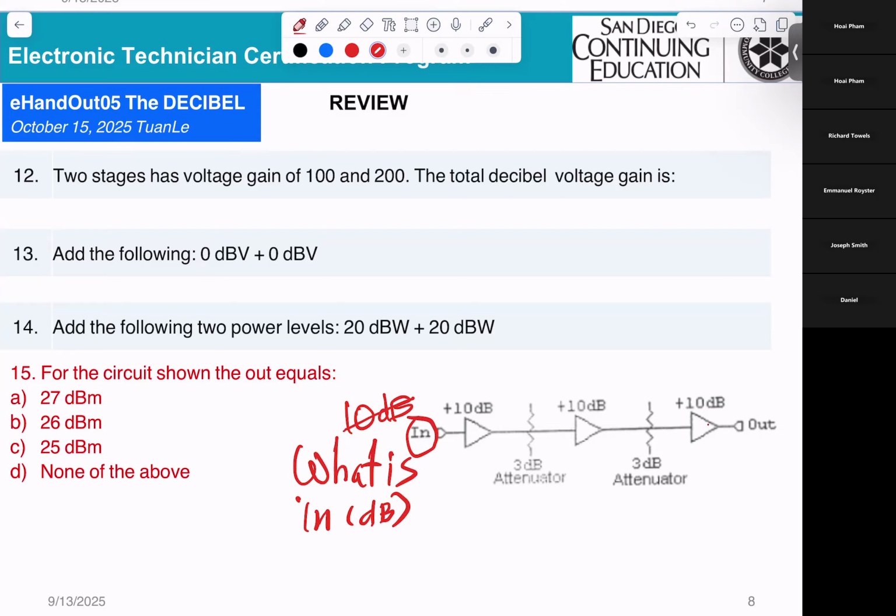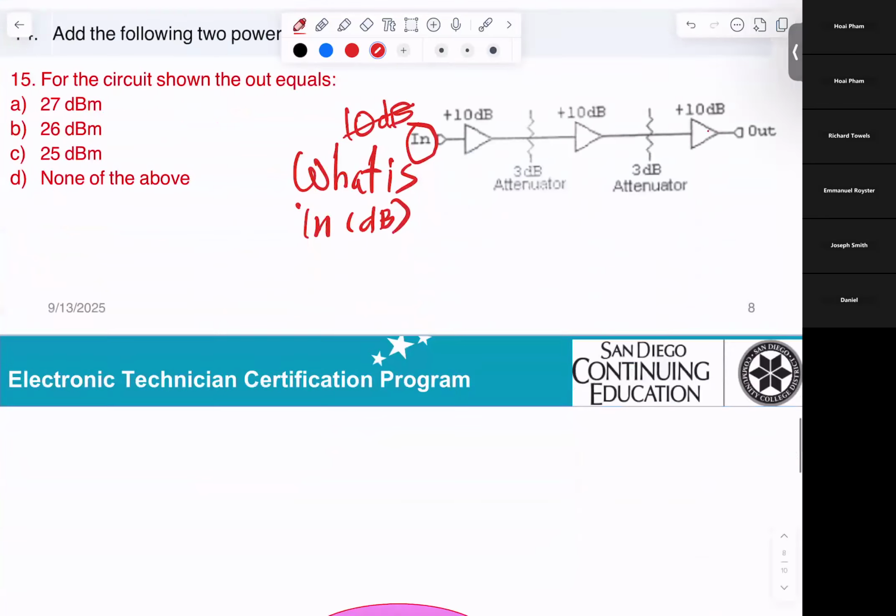And you get the 3, so with that 3, do you subtract it? Yes, 24. And you get 10, 34, right? Okay, so I will correct it. You make the correction. For the circuit, the output equals, but they're not giving you the input. All right, we'll check that.